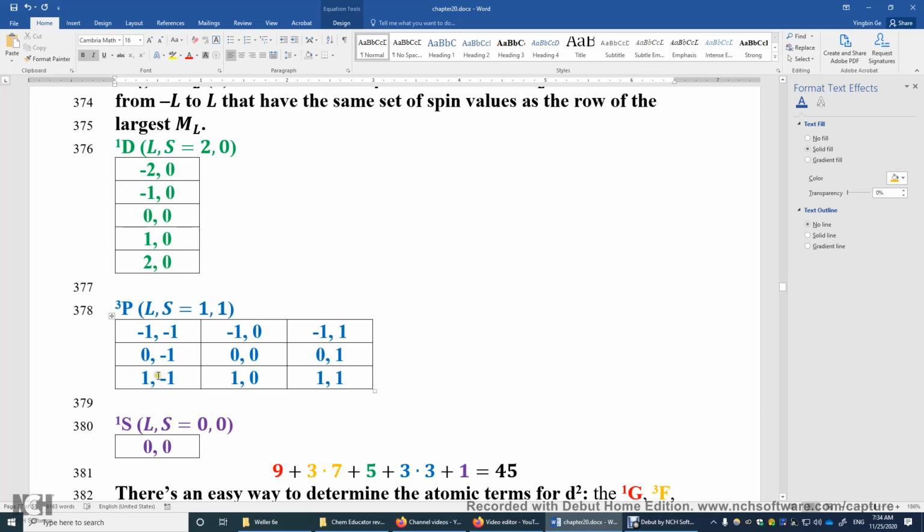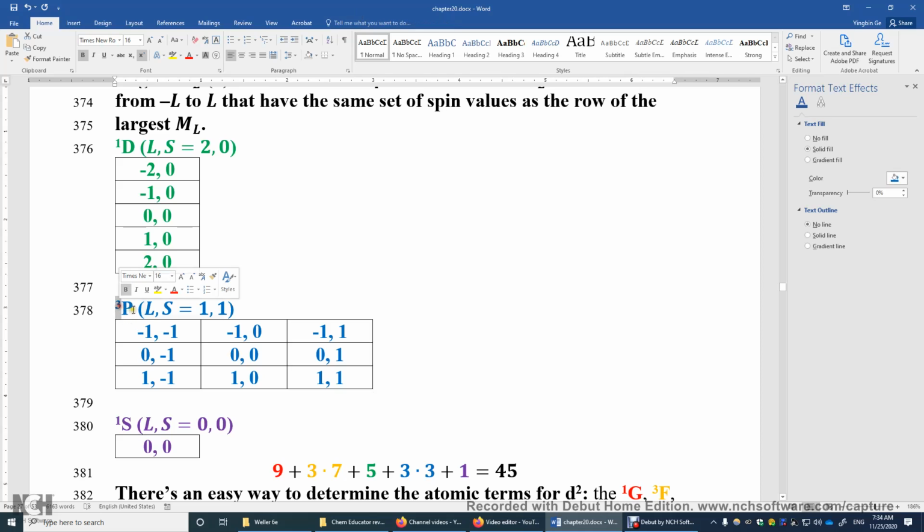And we come up with another table, a 3 by 3 table. This L is 1, S is 1. So m sub L is from -1 to 0 to 1, m sub S is -1, 0, 1. The term symbol is 3P. Again, when L is 0, 1, 2, 3, the symbol is S, P, D, F, and we use uppercase for atomic term.